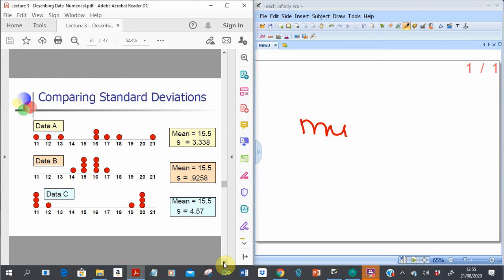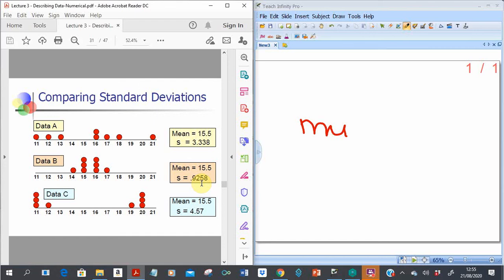Okay, so let's just see what we are talking about when we're talking about standard deviations. You see these values in dataset A, they are spaced, so the standard deviation there is 3.3. But in dataset B, the values are closer to each other, so the standard deviation is actually 0.9.